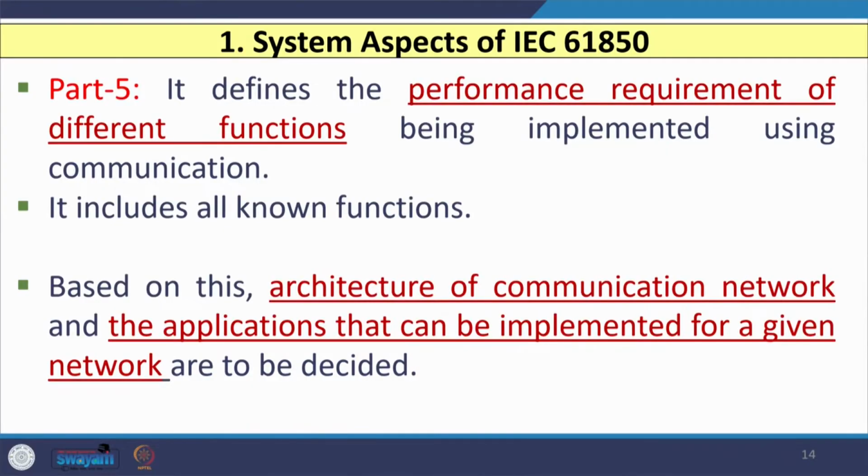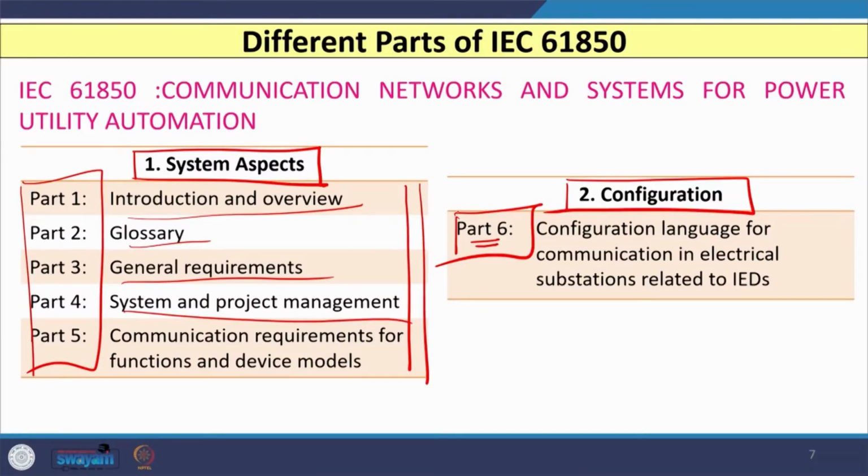Based on this, the architecture of the communication network and the applications that can be implemented for a given network are decided based on the requirements of the different functions we wish to implement using communication. This is all related to the 5 parts available in system aspects of IEC 61850. Now, the second one is the configuration part.